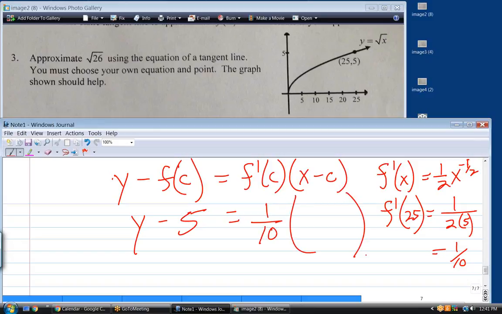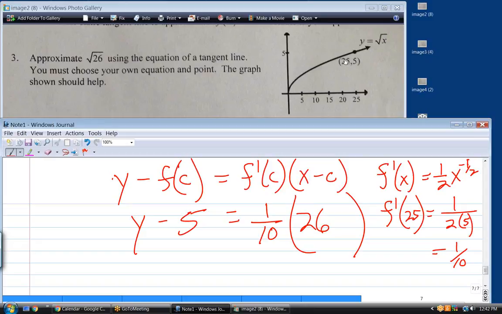Now, what do I plug in for x minus c? Be x minus 25. Plug in an x. We're approximating the square root of 26. So, root 26 minus 25? Just 26. In other words, this was giving us the square root of 25.